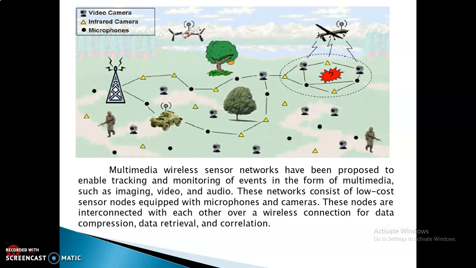It is a low cost sensor node equipped with microphones as well as cameras. They are all interconnected with each other, through which you can communicate. Not only communicate, you can acquire, monitor, retrieve the data, and get the data for analysis also.